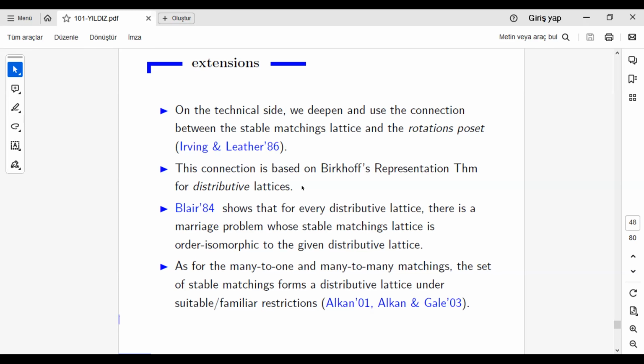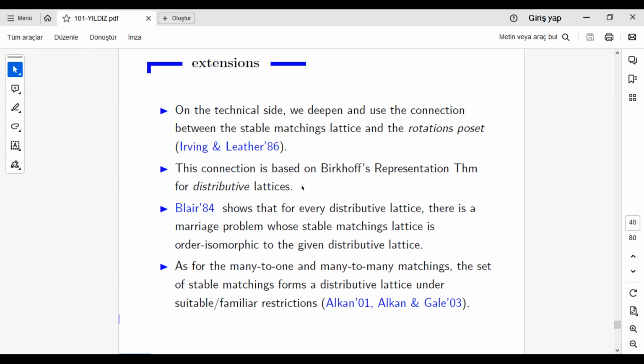So it turns out that in the matching context, there's a set of rotations, the rotation poset.